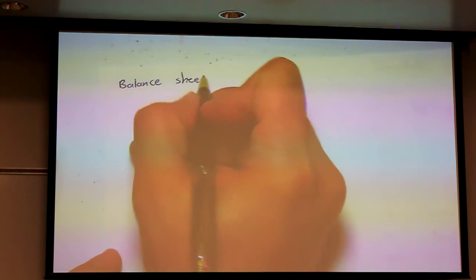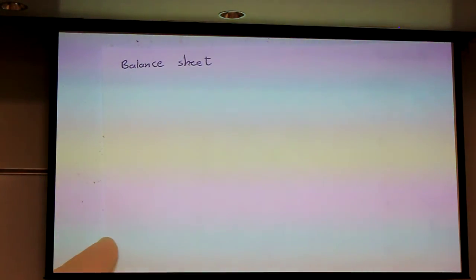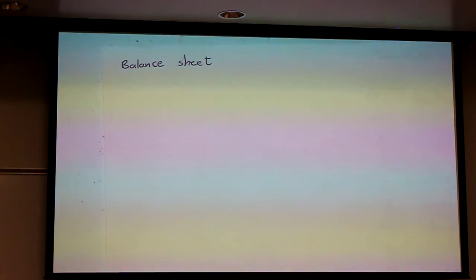What does the balance sheet show? Financial status of the company. Balance sheet shows assets equal liabilities plus equities. What is the test for the balance sheet? A equals L plus E.